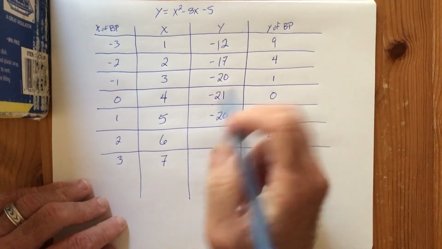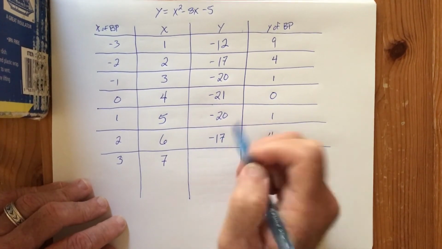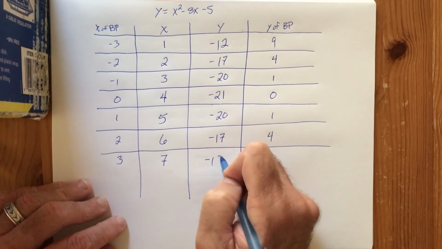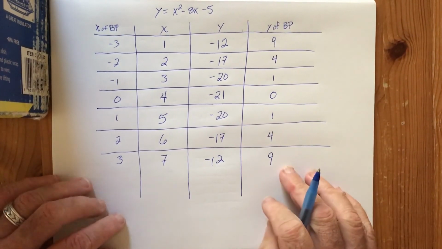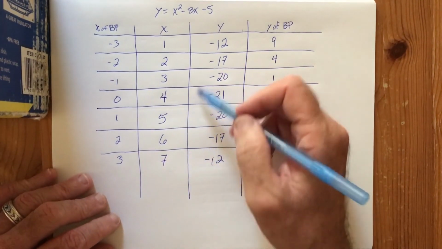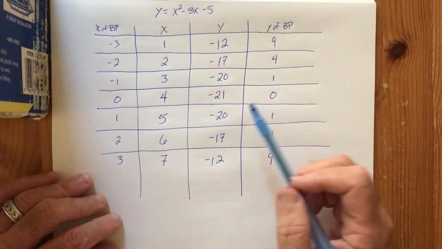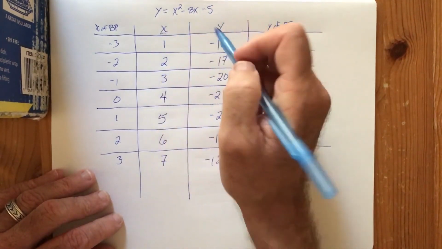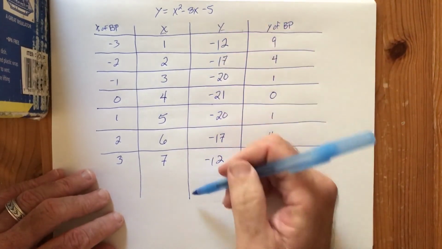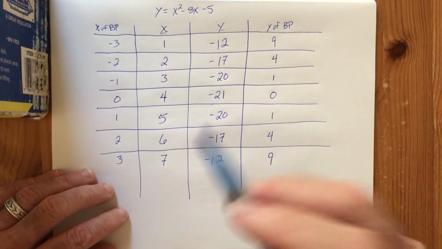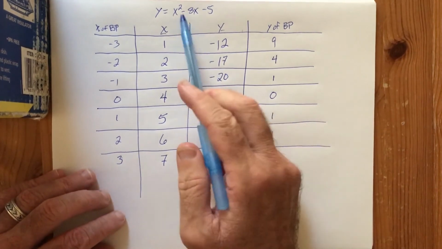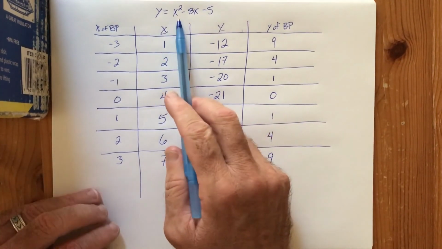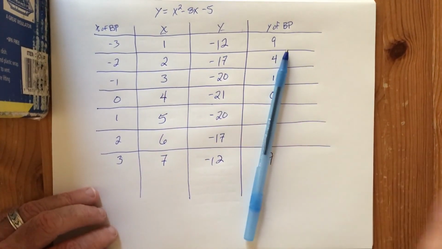Negative 20, negative 17, and negative 12. And so if we plot the points in column X and in column Y on a piece of graph paper, we will indeed have the graph of this parabola, y equals x squared minus 8x minus 5.